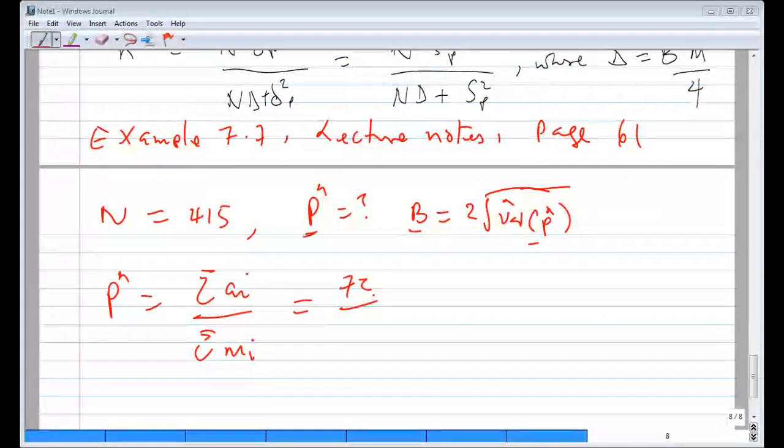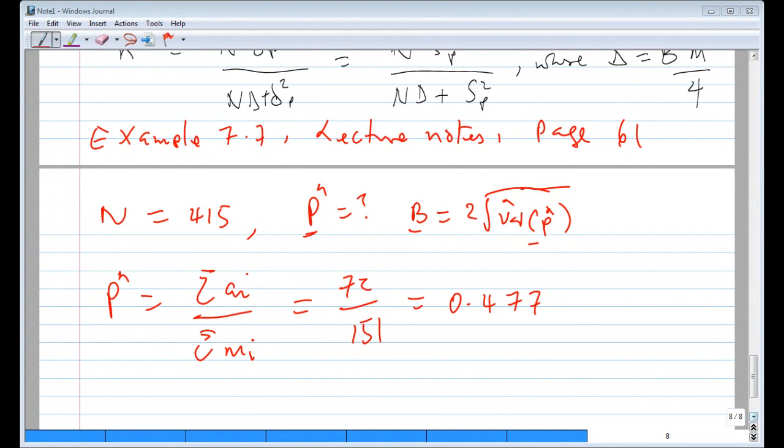Then you divide by the summation of m_i, 151. Then the answer is what? 0.477.